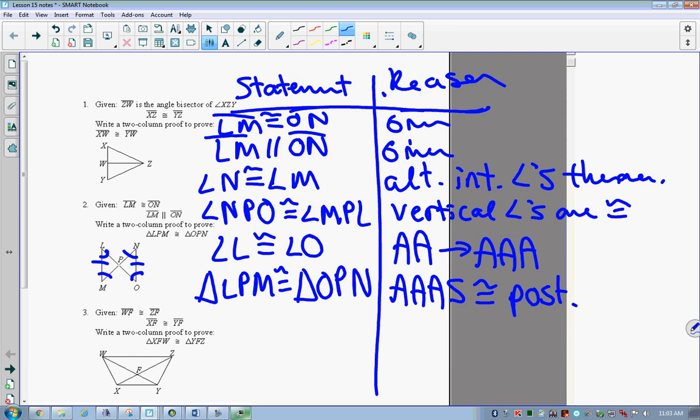And the way that we did it, we had to do those steps. Because we threw in vertical angles, we had to get a third angle in there somehow. Okay? So it's just practice. Sometimes you can use more steps, sometimes you can use fewer steps and still get the same right answer. Okay? Do we understand number 2? Hopefully. Okay?